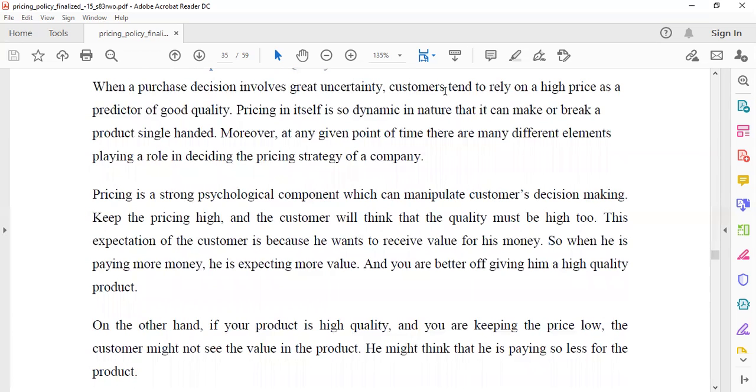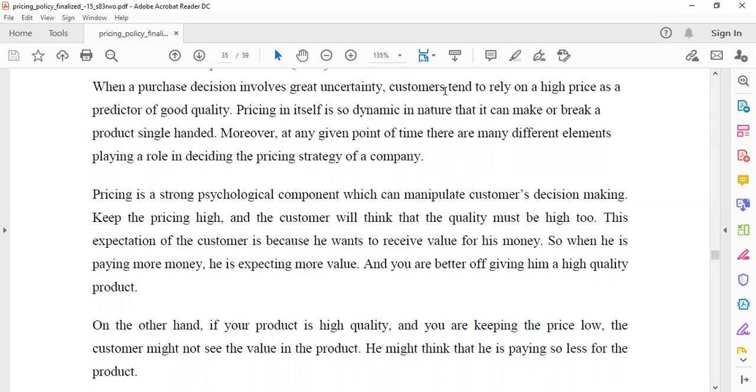On the other hand, if the product has a high quality and the price is low, customers may not see the value in that product, even though in performance it's wonderful. So there needs to be a balance between price and quality, so that what the quality is, is what the price is.